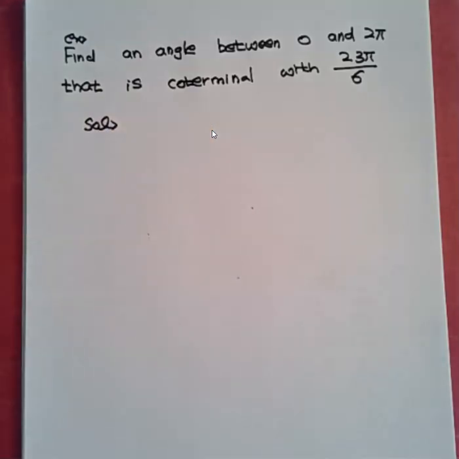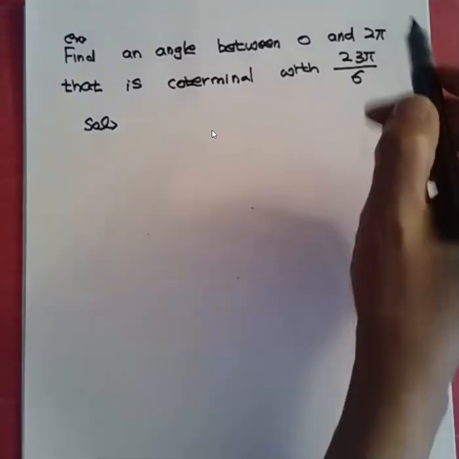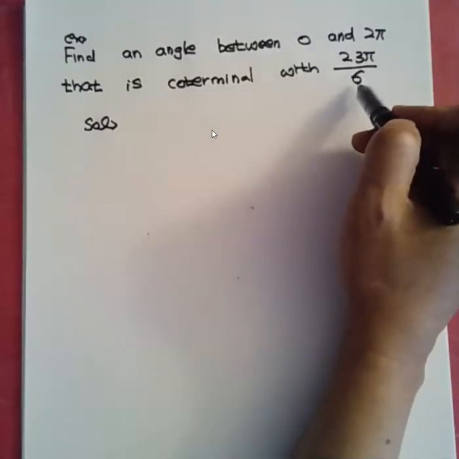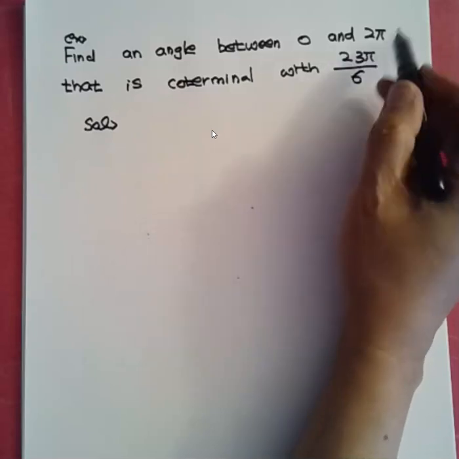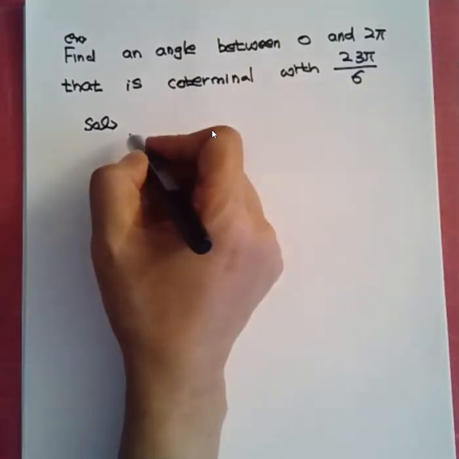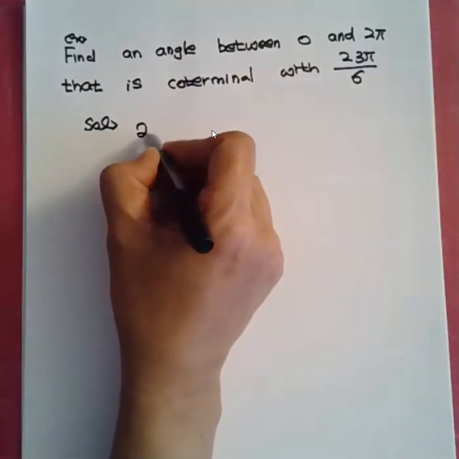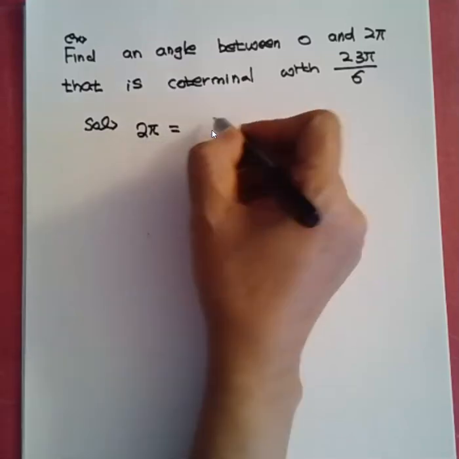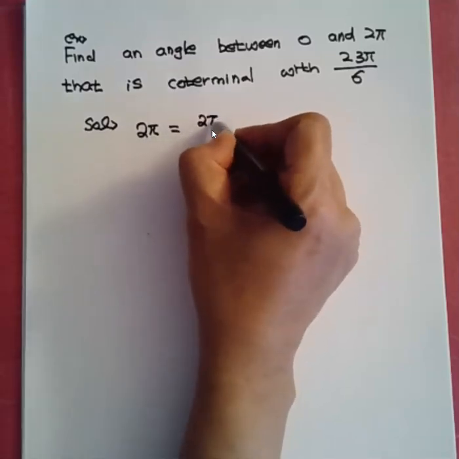This time we are discussing radian angles. The angle is given with the fraction 23 pi over 6. We have to compare that fraction with 2 pi. 2 pi is not a fraction, so it's better to convert that into a fraction with denominator 6.